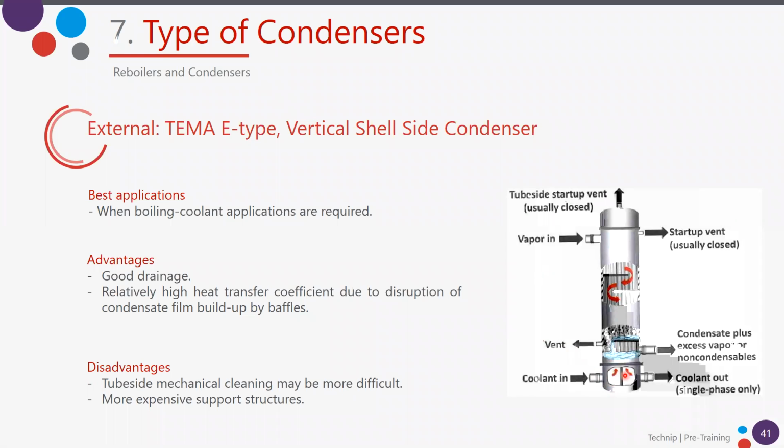Usually for condensers, the first part we start up is the part where the cooling water is placed. So in this case, with the vertical shell side, we will start the condenser with the cooling water on the tube side.